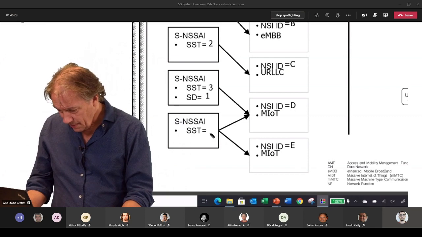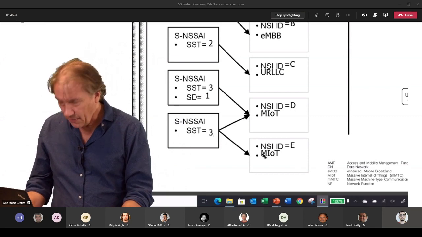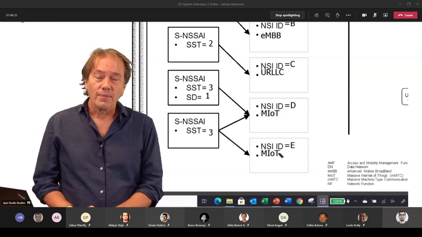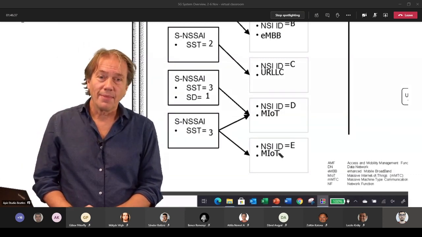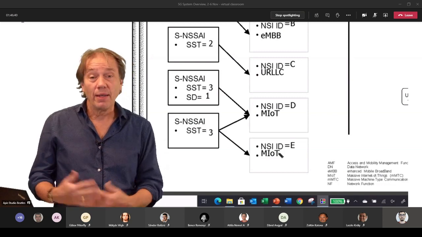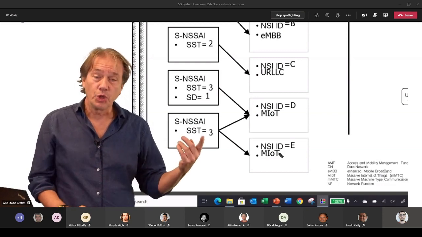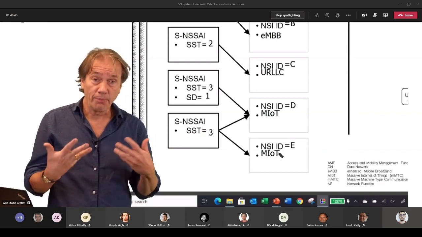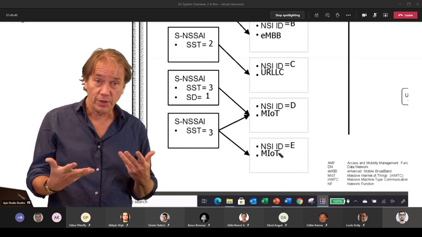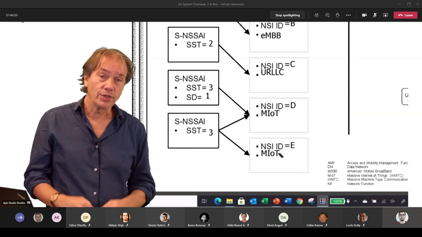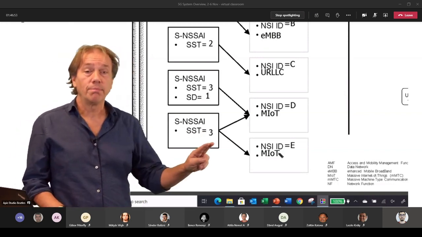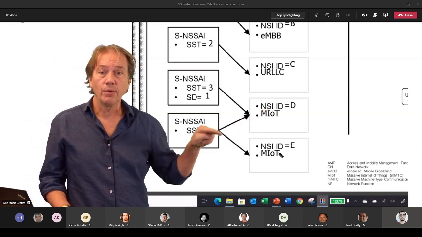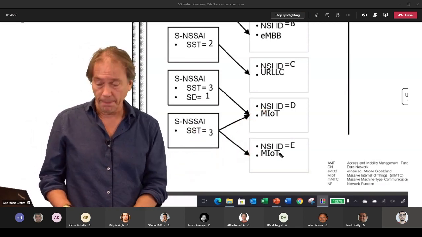And since the user equipment has no preference, it's up to the network to choose the network slice instance, and the user equipment will be placed either in slice instance D or in slice instance E.